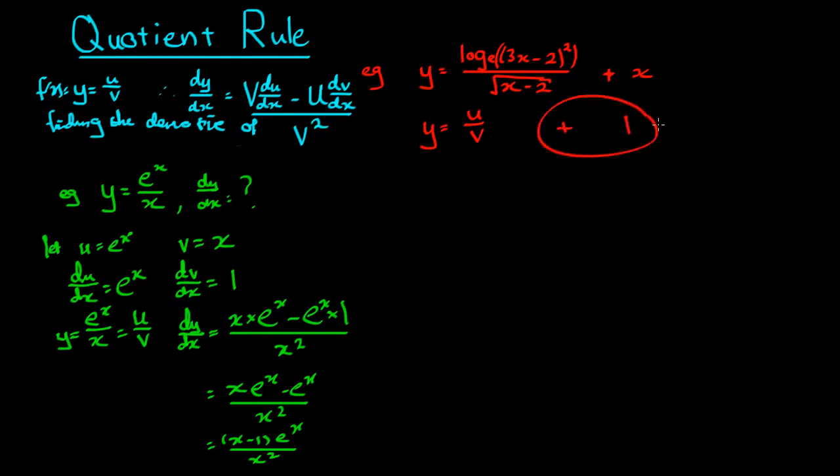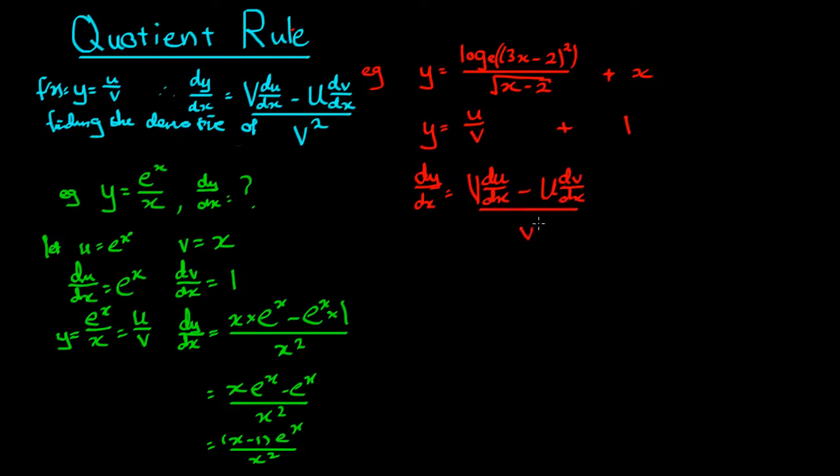If this is confusing, just ignore it for now, but basically that's the derivative of the term that's hanging on the end. So dy dx is going to follow the quotient rule here. That's v du dx, take away u dv dx, all over v squared. That's the derivative of this first term, and then we've got the 1 on the end.